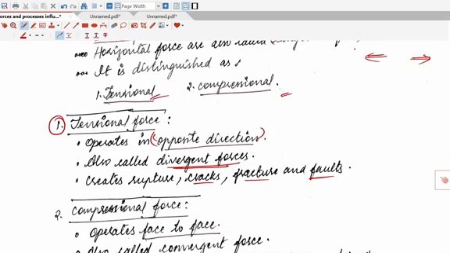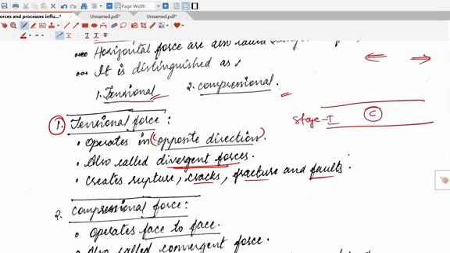So let us consider this is a continent. This is stage 1.